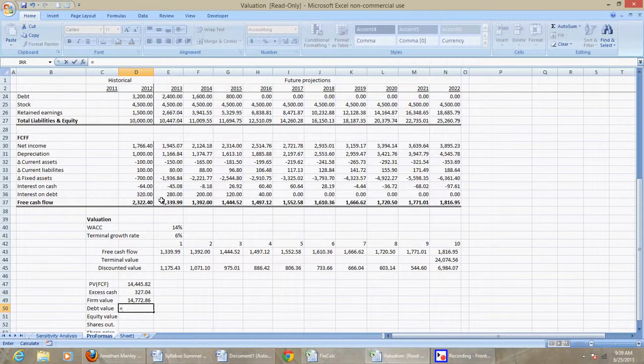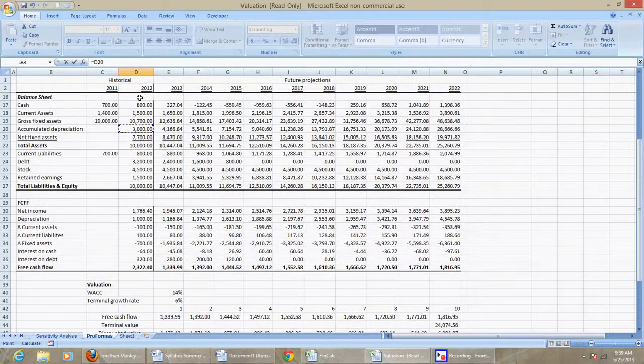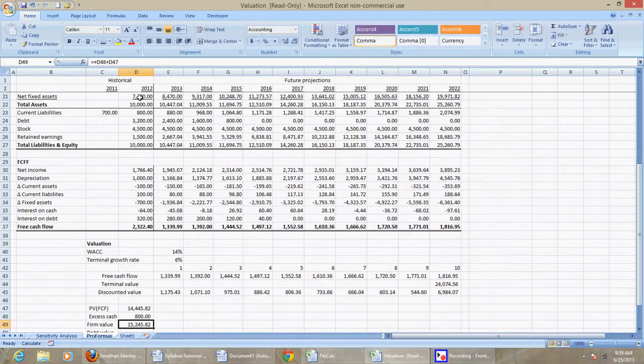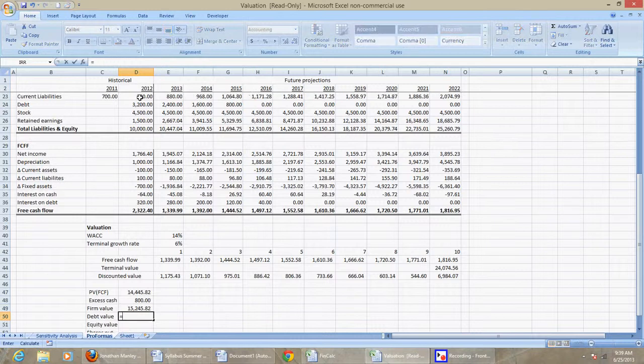The debt, I need the market value of the debt. Let's just say, actually I put the wrong cash in, didn't I? Cash today. And the market value of the debt, we'll say currently is 320, close enough to the book value.